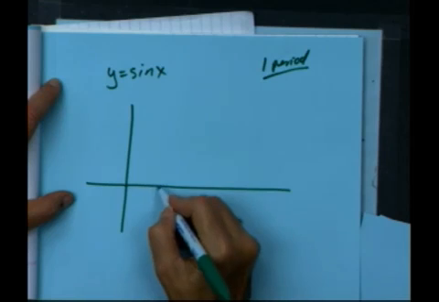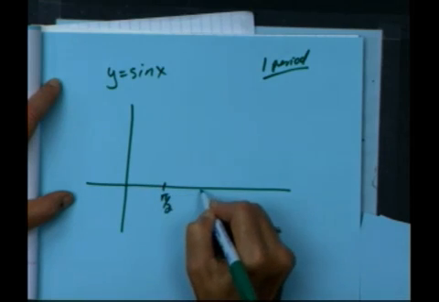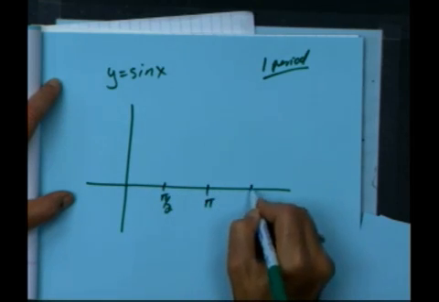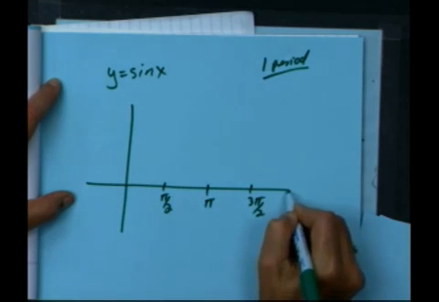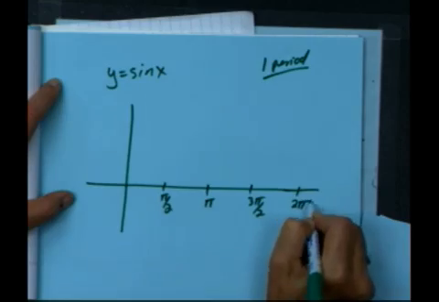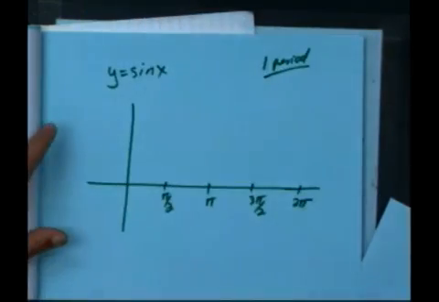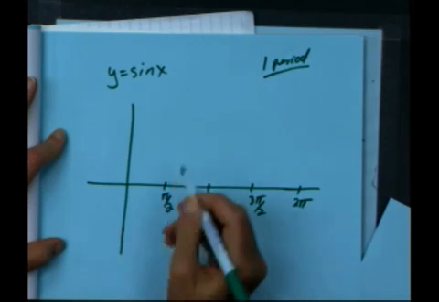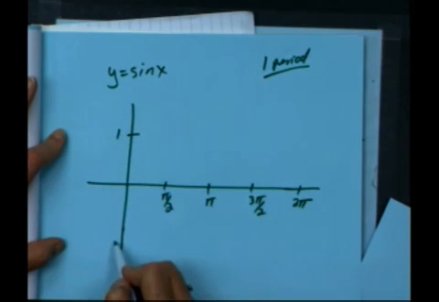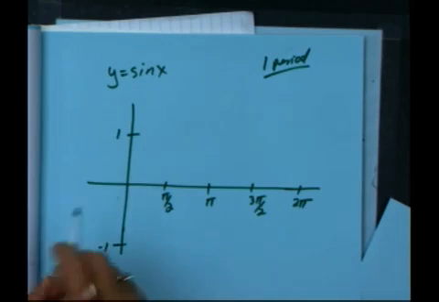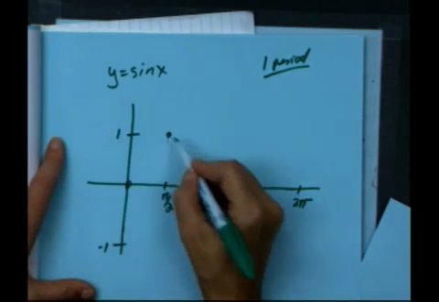So we'll put in 0, pi over 2, pi, 3 pi over 2, and 2 pi. All I've done is lift the red curve up, removing some of the things that look a bit confusing here. And we'll put 1 and -1, and the sine curve looks like this.